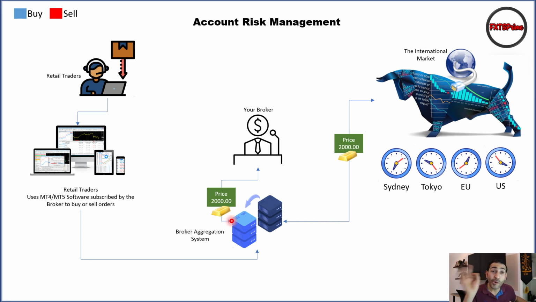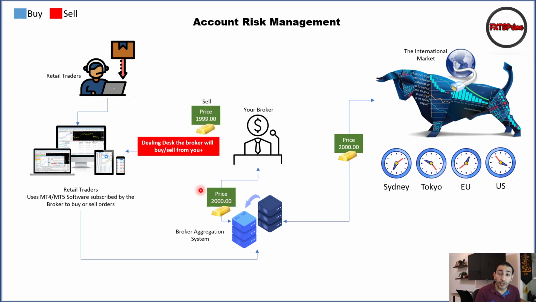Now if your broker is a market maker, listen to this and put it in your mind. If your broker is a market maker, he takes the best price from the market and marks up an amount of money on your order.